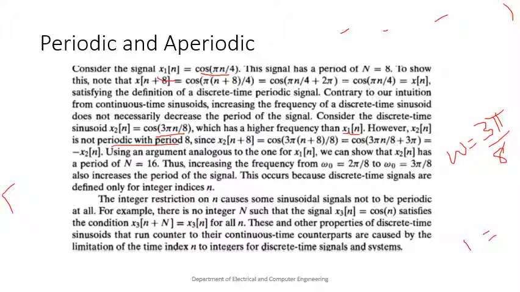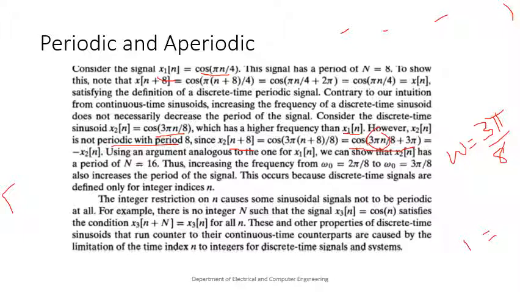Why? Similarly, we are adding 8 to x2 of n, so cos of 3 pi (n plus 8) divided by 8. This becomes cos 3 pi by 8 n plus 3 pi. What we required here was 2 pi, 4 pi, a multiple of 2 pi.